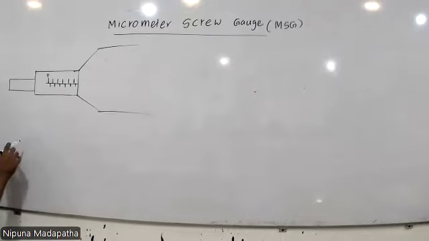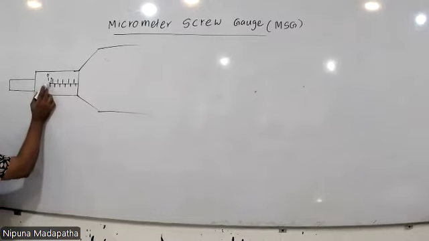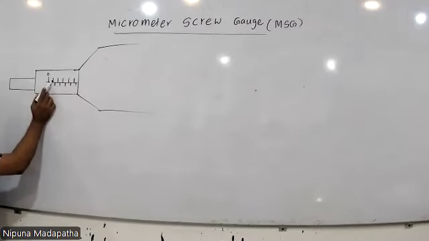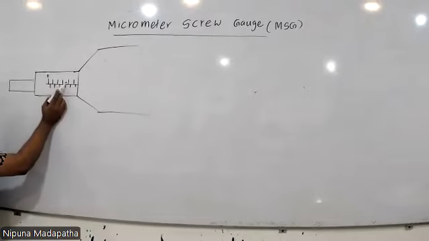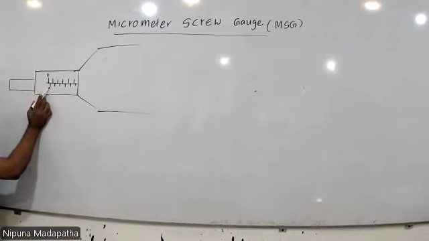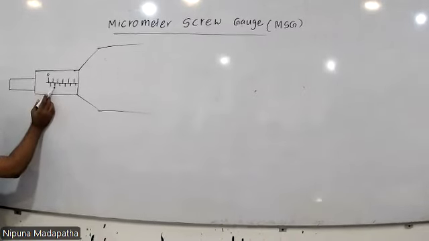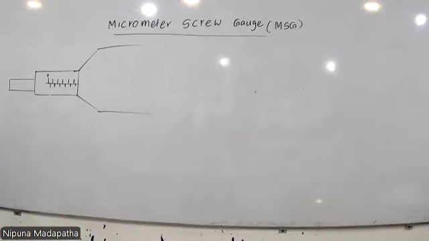So what is the value of this mark? This one is 1 millimeter, here 2, 3 millimeter, this is 4, like that. This one is 0.5, this one 1.5, this is 2.5, and it goes forward. These are the half millimeter divisions below the 1 millimeter divisions.